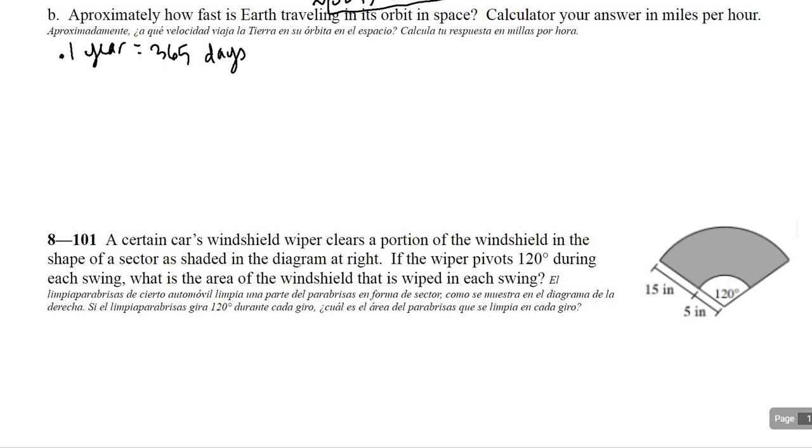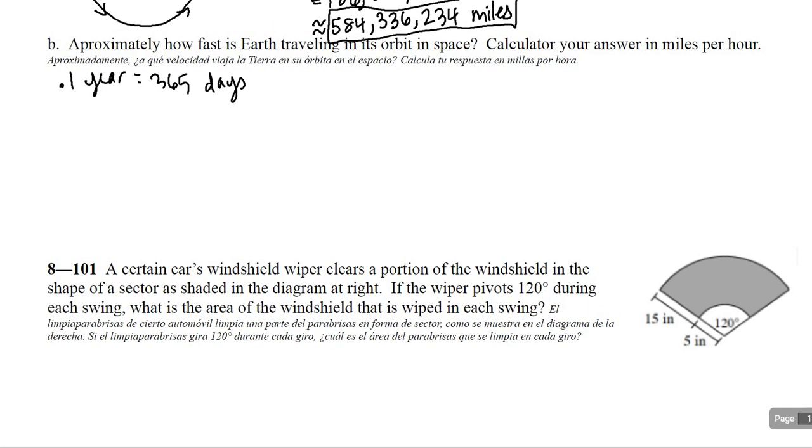We know how many miles: 584,336,234 miles. There are 24 hours per day. We can get to hours and miles.